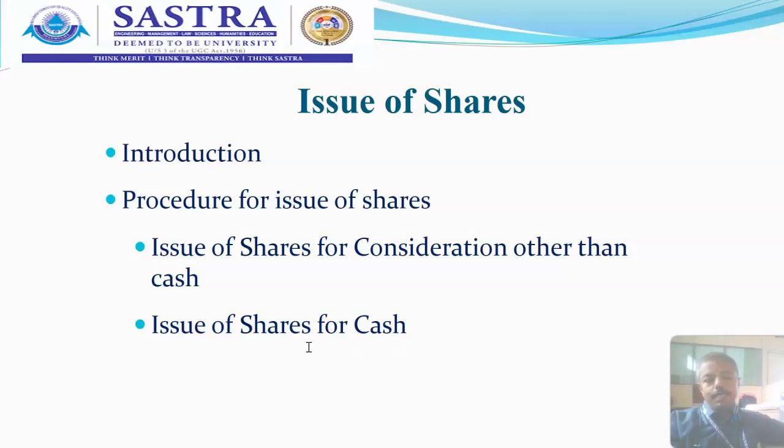Next the receipt entry follows. For that we need to pass the journal entry for the receipt: bank account debited to share allotment account. Next call money comes. For call money also the due entry comes first.